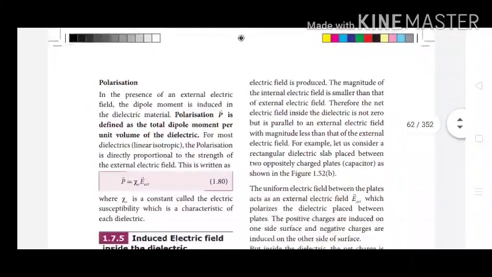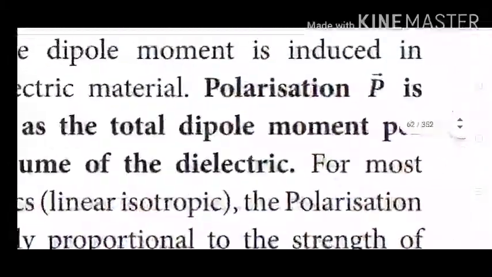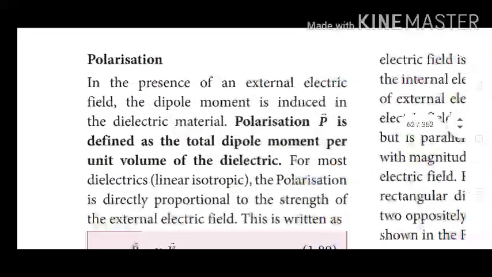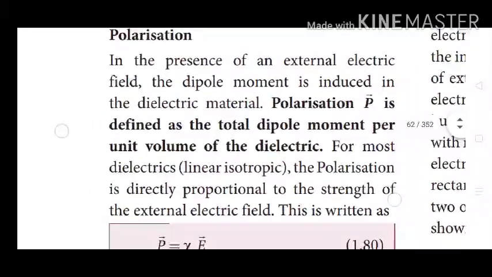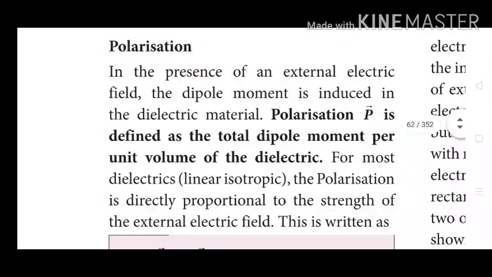We move on. The next topic is polarization. It's a very important 2 mark question, and an important 1 mark question. In the presence of an external electric field, a dipole moment is induced in the dielectric material. Polarization P vector is defined as the total dipole moment per unit volume of the dielectric.